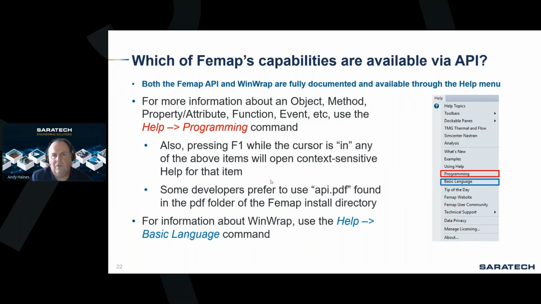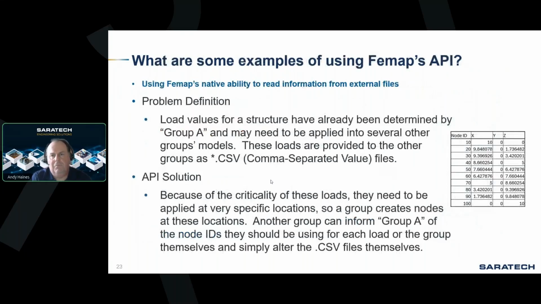But then WinWrap and the API programming window itself has its own documentation. So if you're looking for a certain math operator or something of that nature, you can just go to help basic programming, and it will bring up the WinWrap help instead of the help about Femap's API specifically.